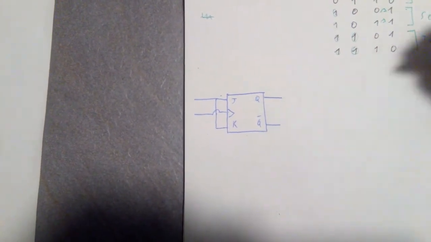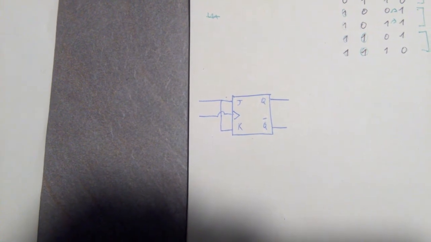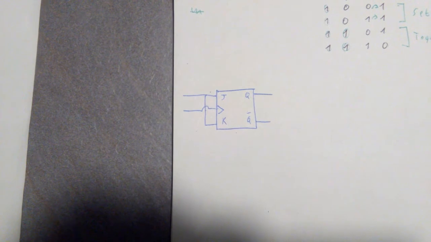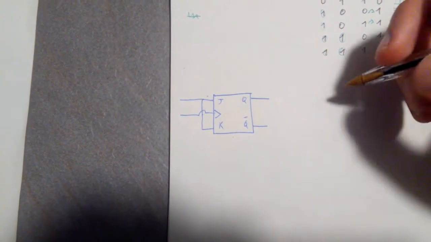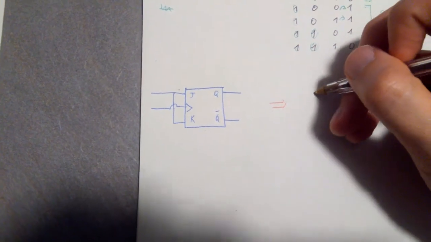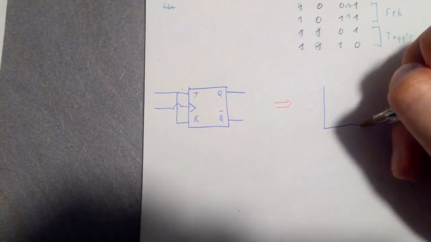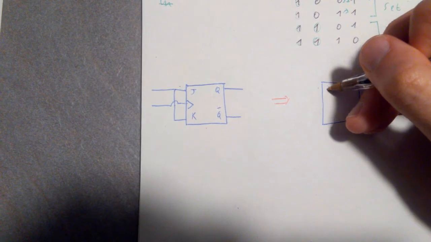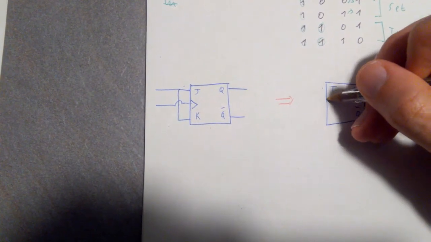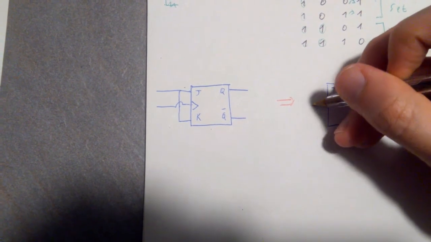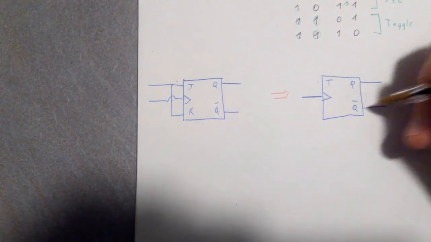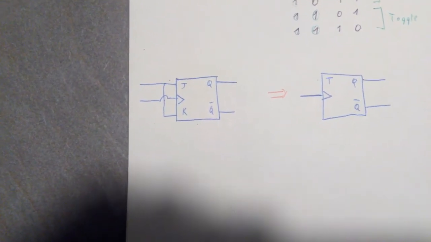This is exactly the toggle flip-flop, which I can simplify like this: an element with a T, Q, Q naught, and here we have the clock, the output, and the complemented output.